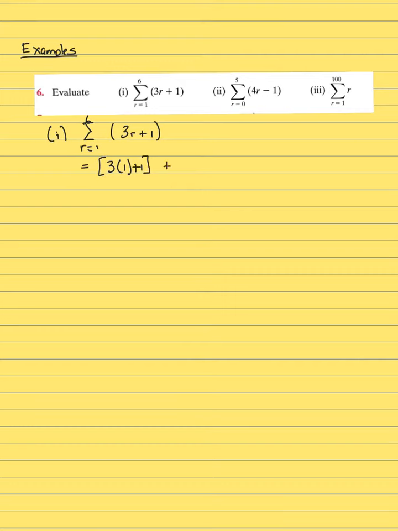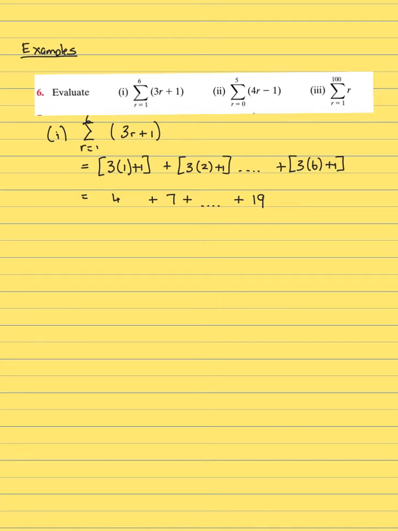And then we add 3 times 2 plus 1, and so on, up to 3 times 6 plus 1. The first term there would be 4, the second term would be 7, and so on, and the last term would be 19. But this time we know there are 6 terms.